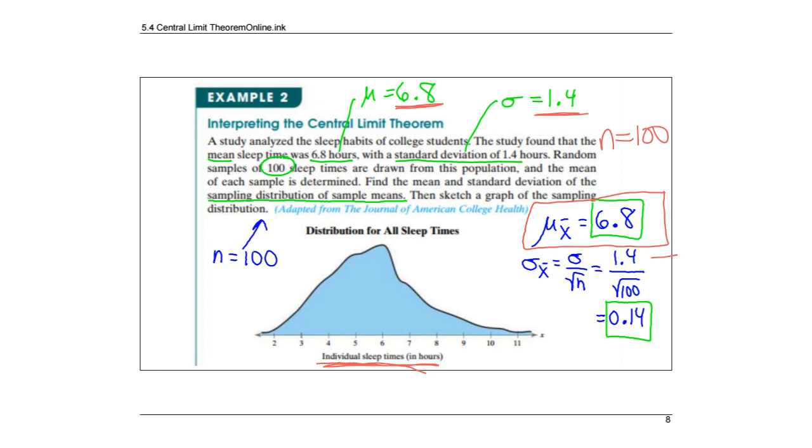So I'm going to take 1.4, which is what they gave me up here, and divide by the square root of 100. When I do that, I get 0.14. So this is the standard deviation of the sampling distribution.